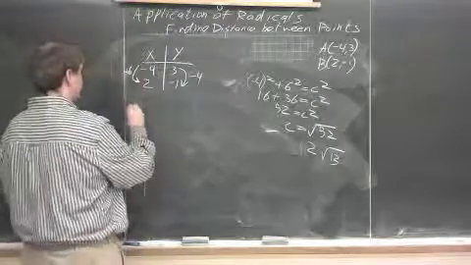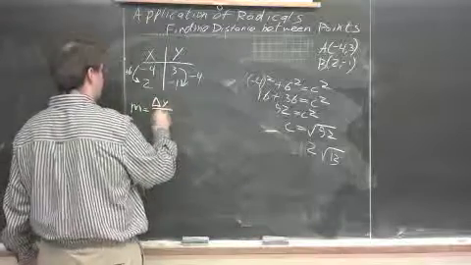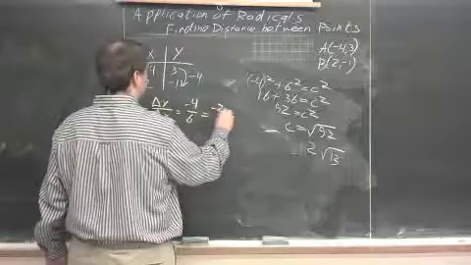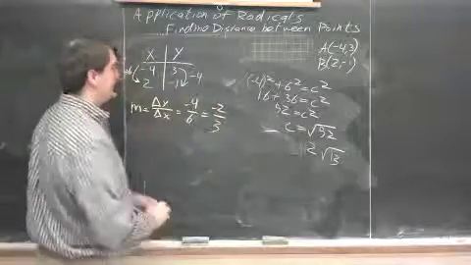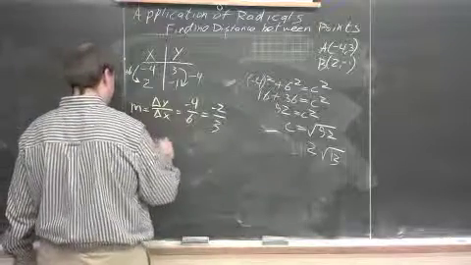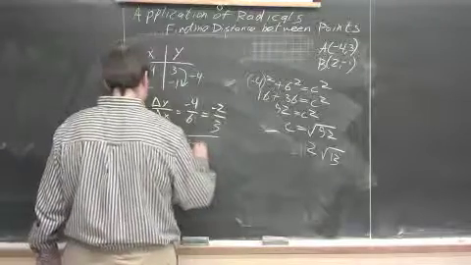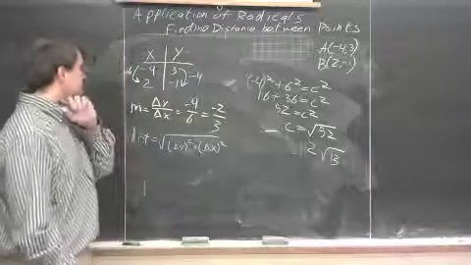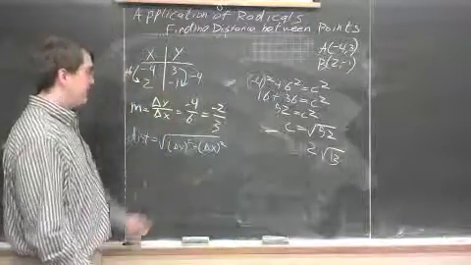And then instead of doing slope, which remember is m, change in y over change in x, so that would be -4 over 6, which is then -2 over 3. Instead of doing that, because I don't actually want that, I'm going to use distance. So distance equals essentially the square root of the change in y squared plus the change in x squared. Figure out what the change in y is, figure out what the change in x is, and that's your formula.